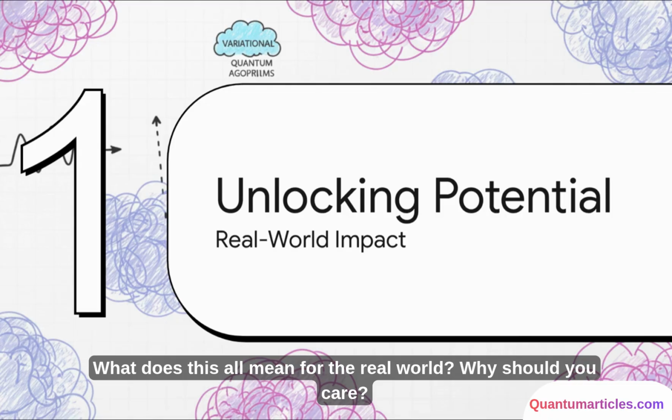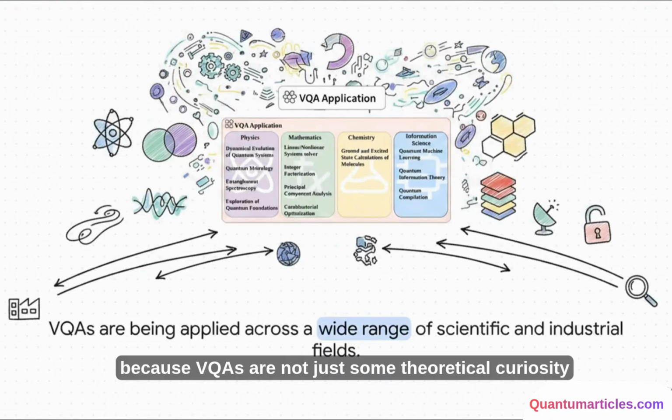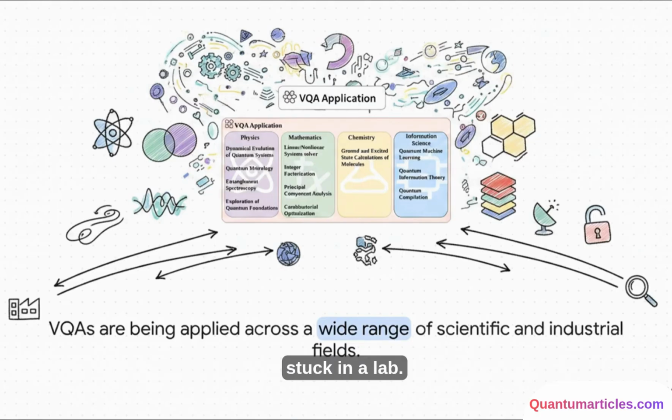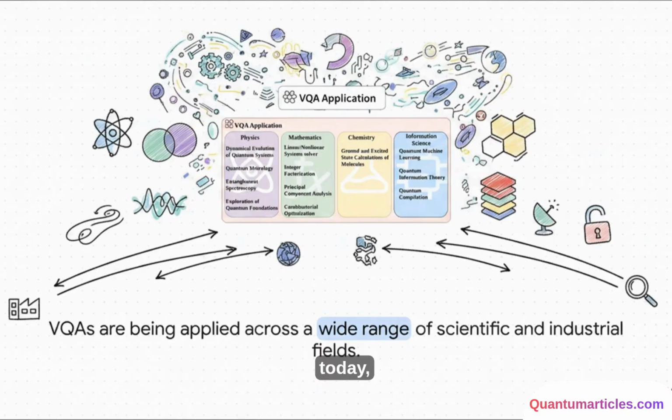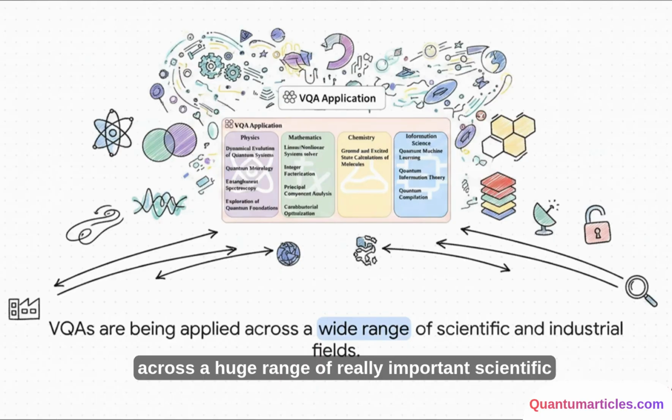Why should you care? Well, because VQAs are not just some theoretical curiosities stuck in a lab. They are being actively developed and applied right now, today, across a huge range of really important scientific and industrial fields.